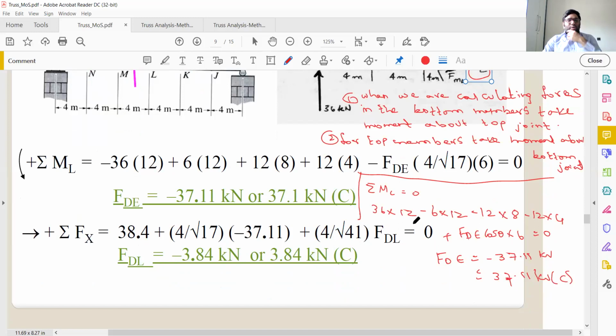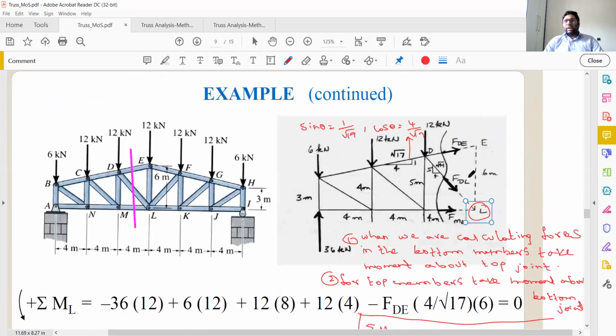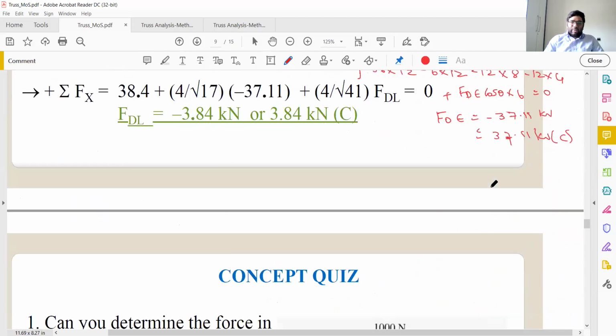And similarly, we need to take it for FDL. So for FDL, what do we need to do? See now, we got FDE, we got FML. Now you can see here, for FDL, we choose sigma Fx is equal to 0.